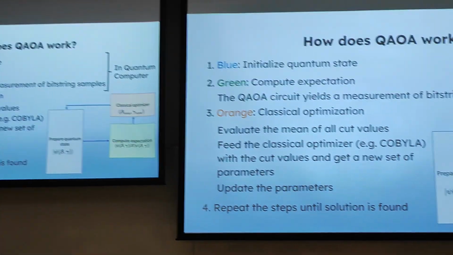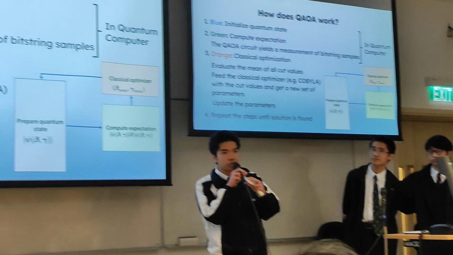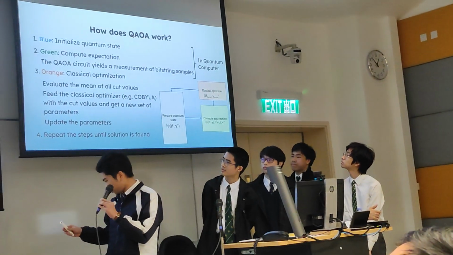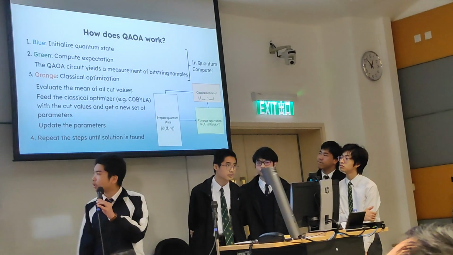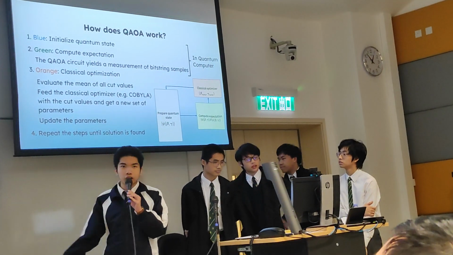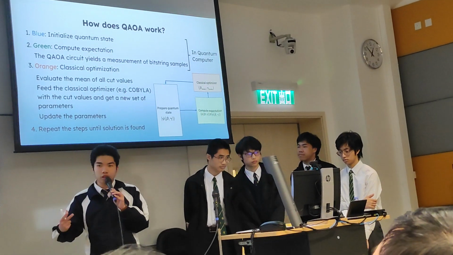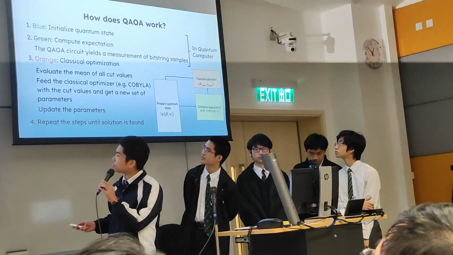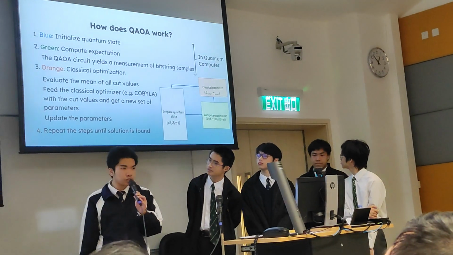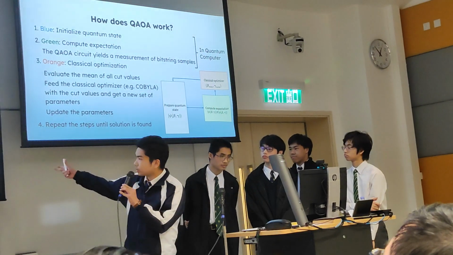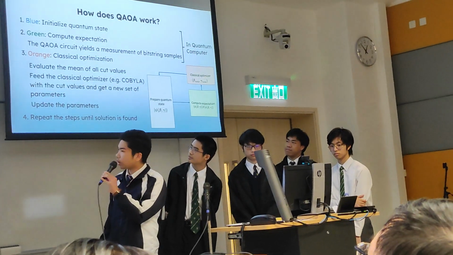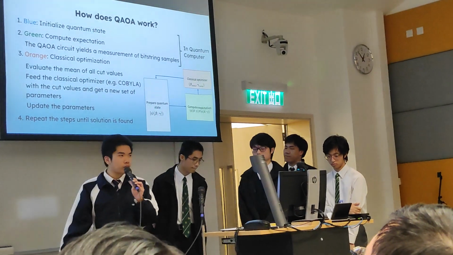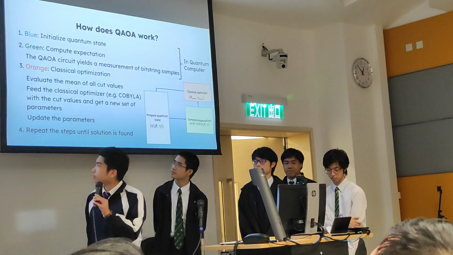In this diagram, you can see that QAOA is comprised of 3 sections, also mentioned by Group 5. In this blue section, the quantum state is prepared by using Hadamard gates to prepare a maximally superposed state. Then we move on to the green section, where we compute the expectation value of the quantum state, which is the cost function of that particular configuration, by using the mixer layers and the problem layer, which Isaac will elaborate on soon.